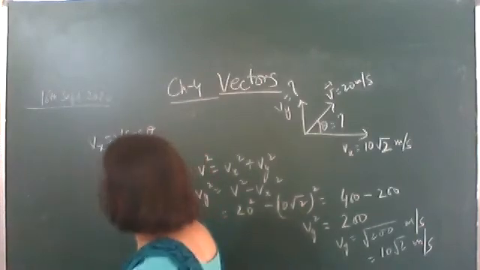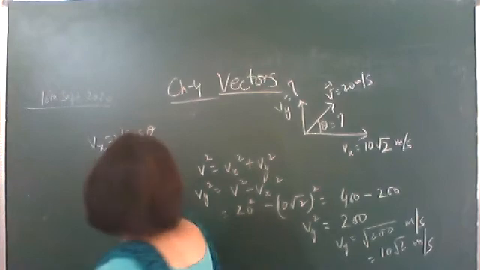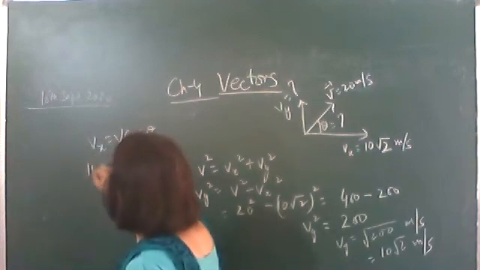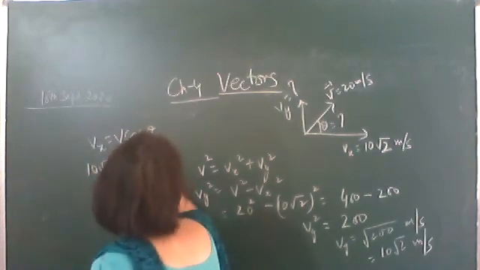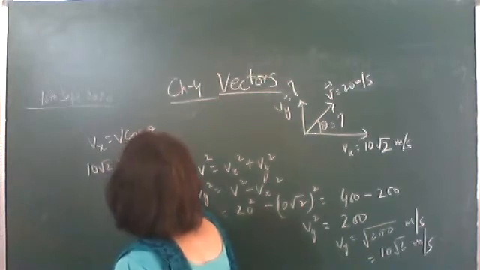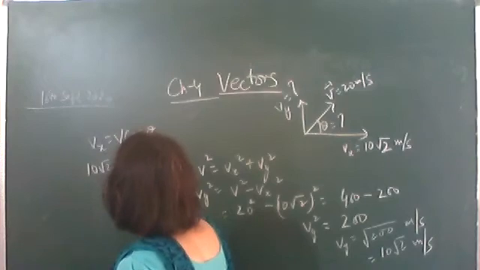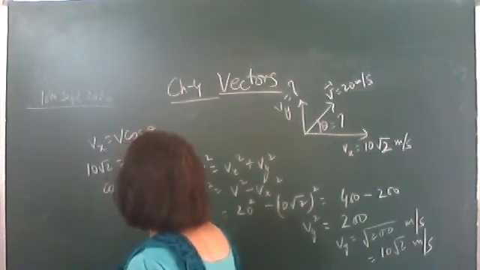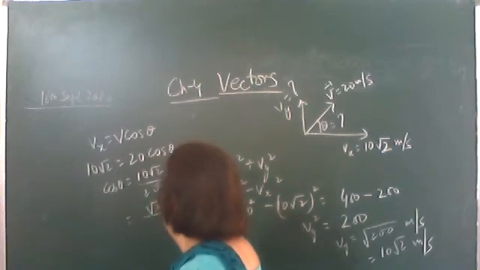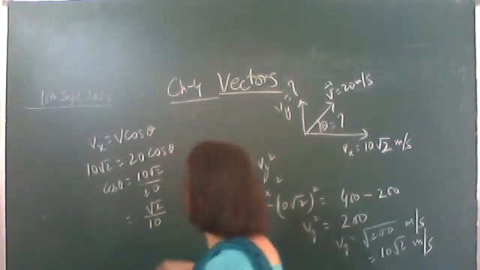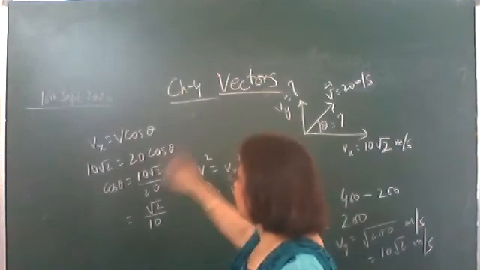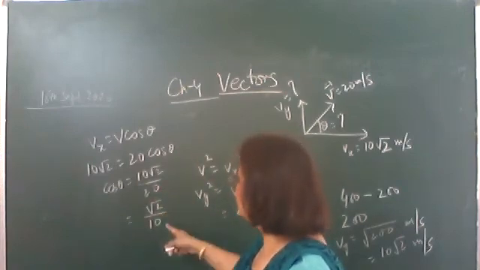Anyone you can use, you will get the same answer. Here Vx is 10 root 2, equal to 20 into cos theta. So cos theta is equal to 10 root 2 upon 20, which is equal to root 2 upon 10.